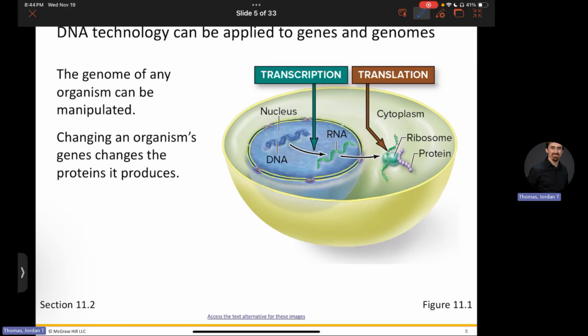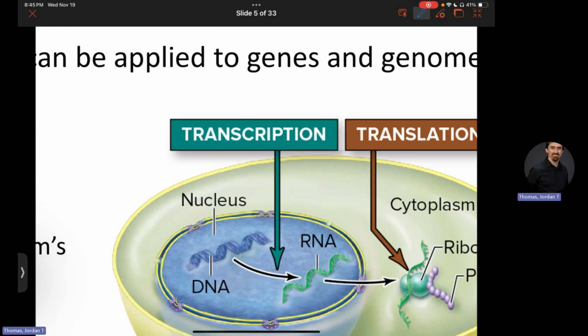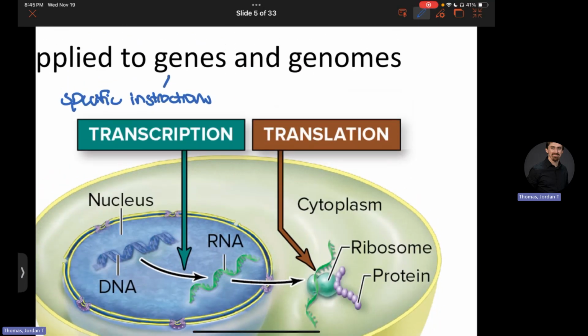DNA technology can be applied to genes and the genome. Remember, a gene is the specific instructions for a protein, versus the genome, which is the whole set of DNA. I can write that down on here. Gene, specific instructions. And genome is all the DNA.